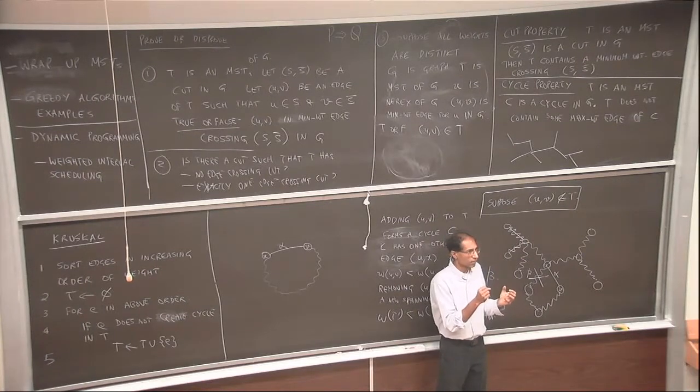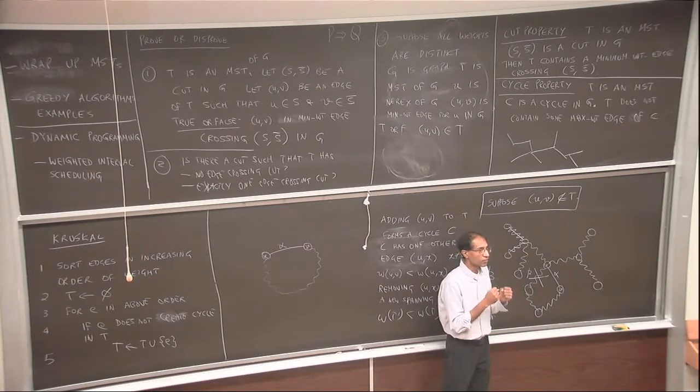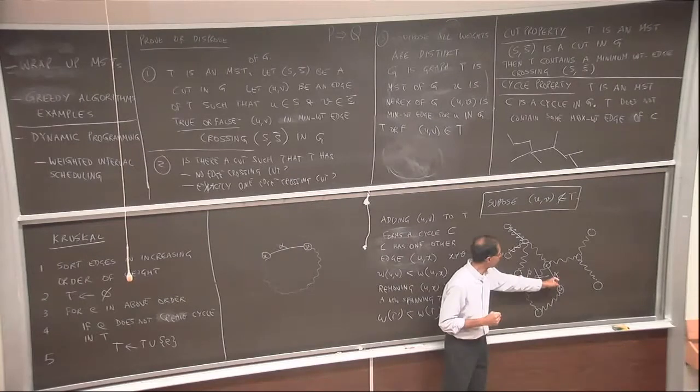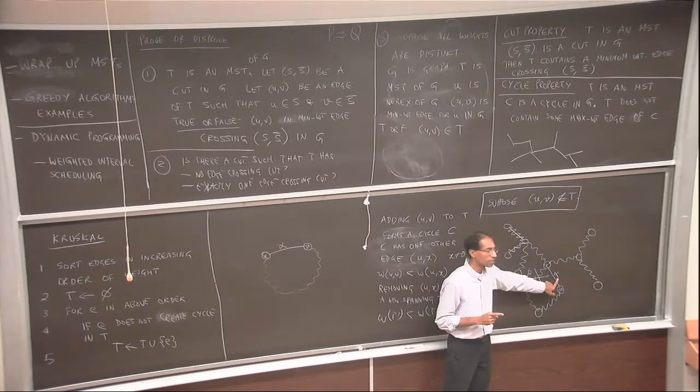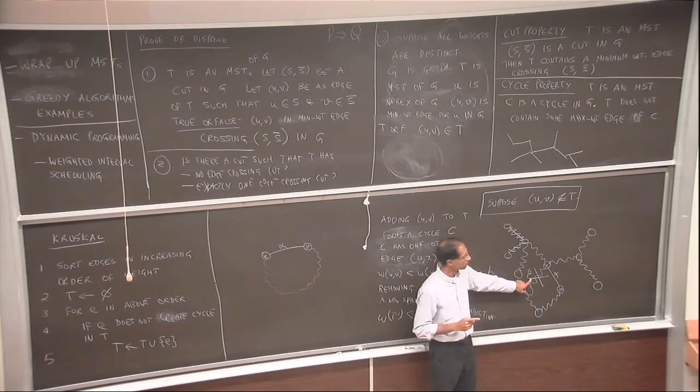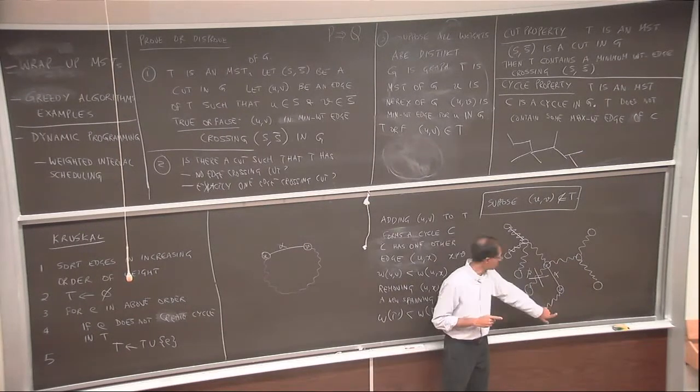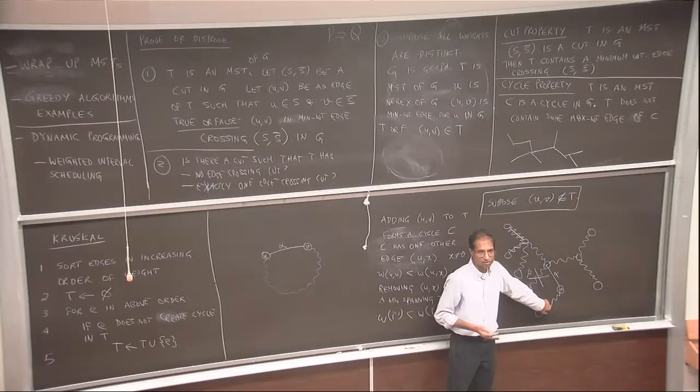Something else. The only information that we have is that alpha is the minimum weight edge associated with U. So the only other edge we know in this cycle that is bigger than alpha is this one. We have no idea whether this edge is bigger than alpha. It could be. If it is, then of course we will remove it and we are done.